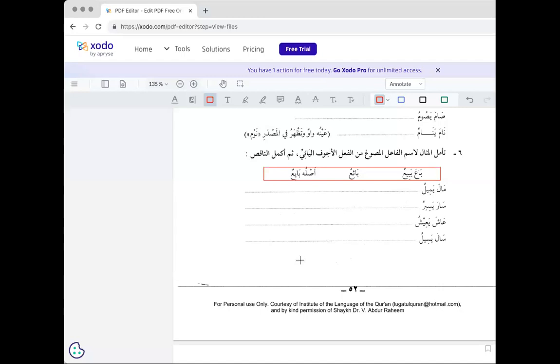He lives. عاش يعيش. He is living. So عائش, اسم الفاعل, means somebody who's living.